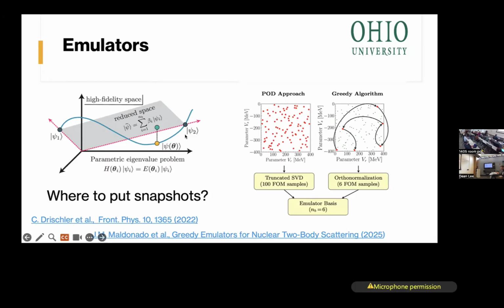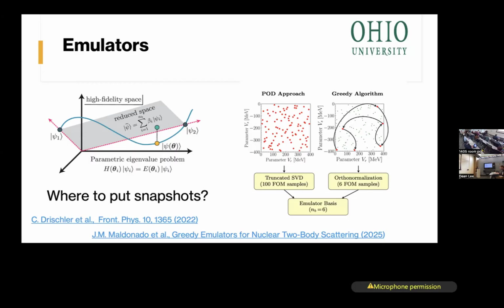How you choose your thetas was the main question in building this emulator, and there are two approaches. One is the POD approach, where you select lots of sampling points where you pick your snapshots, do an SVD decomposition, and get your snapshot matrices.